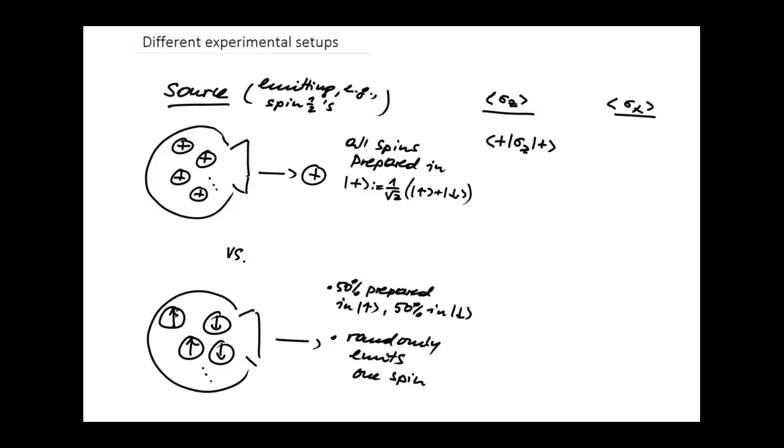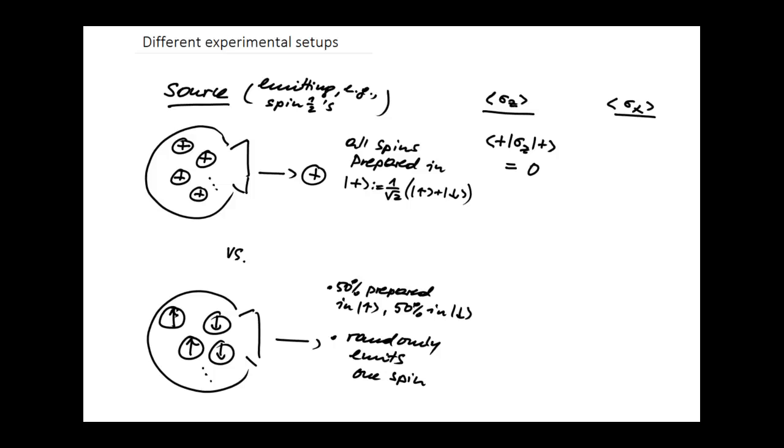We have to sandwich the Pauli z operator in between the superposition state. And when you insert the superposition states here, you find that this expectation value is 0.